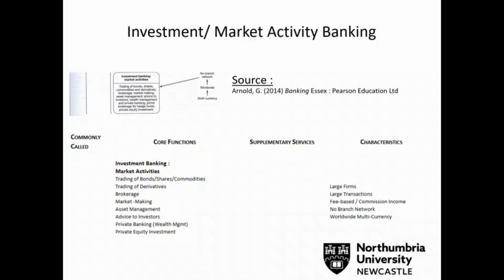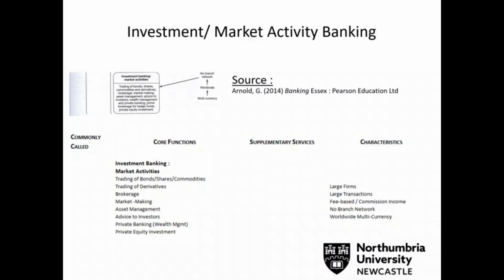So this is really anything to do with the whole trading side and market activities, whether that be for speculation, hedging, or listing. And again, this would be typically with your eligible counterparts or professional clients.